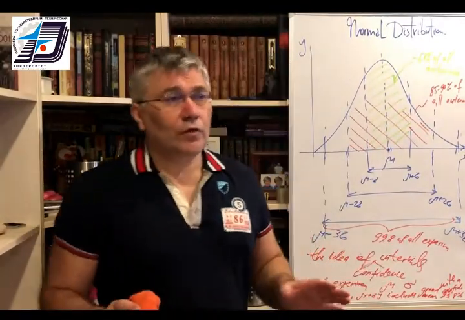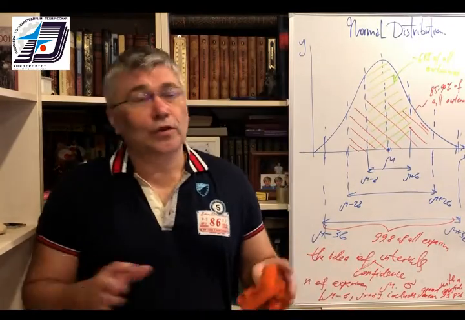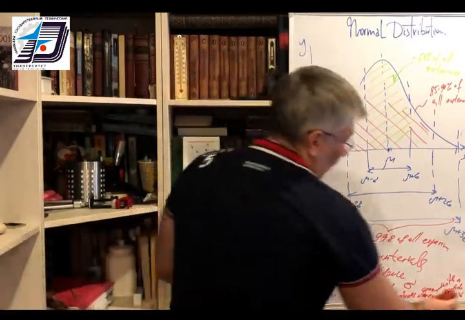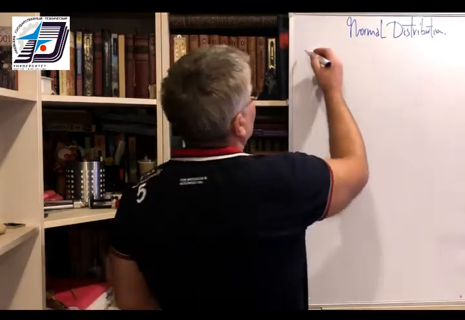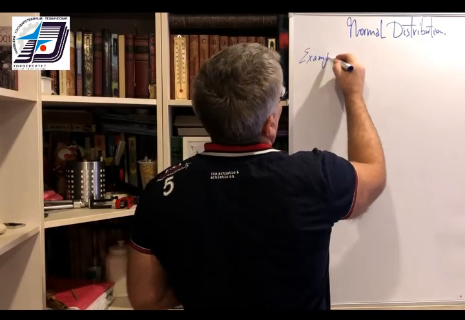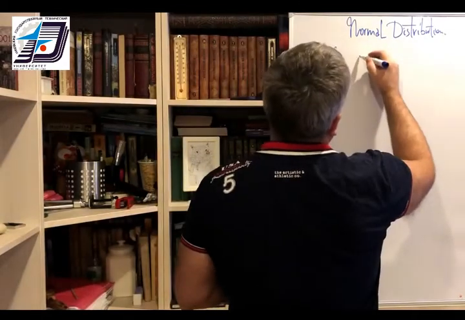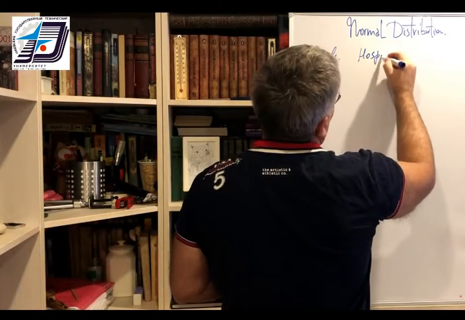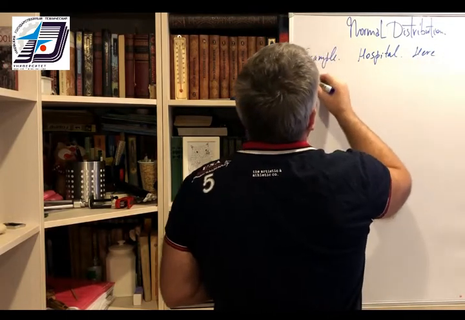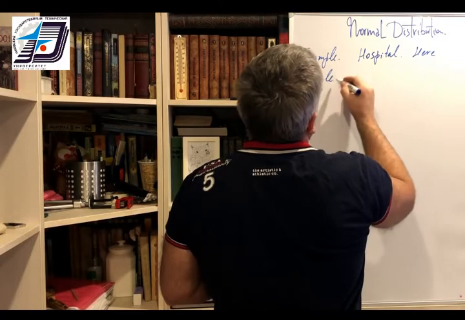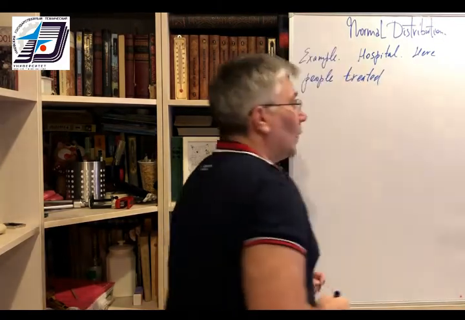I think it's enough for the theoretical part, and now we have two examples of how we can use this normal distribution. For example, you consider a hospital, and here some people are treated.